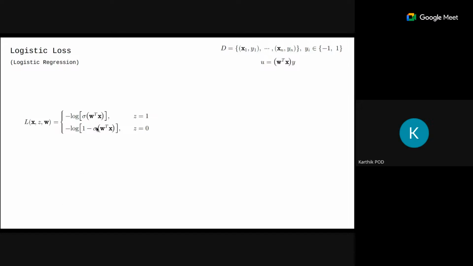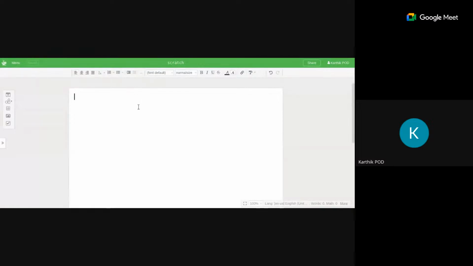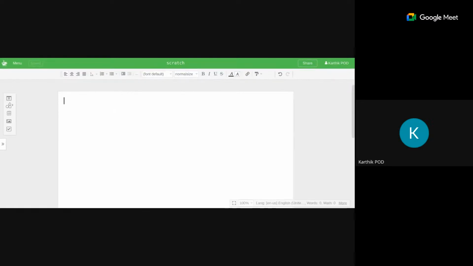If you recall, what was happening in logistic regression? What were we trying to do? We have the sigma of W transpose X, right?